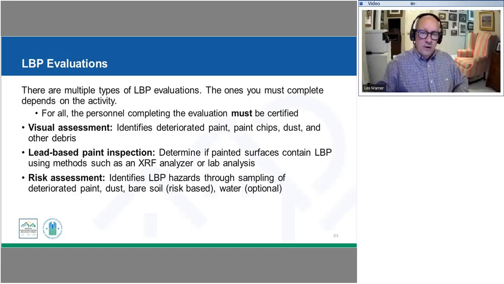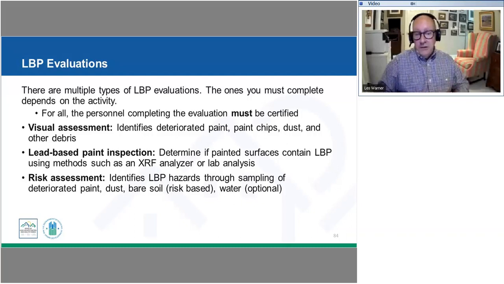We're going to be testing those paint surfaces to determine if they actually contain lead. And so we'll talk in just a minute about what we probably most typically see, using an XRF analyzer, which sort of is like X-raying the surface down to the substrate and determining whether there's a presence of lead as part of that. So our paint inspection is actually testing, looking for the presence of lead.